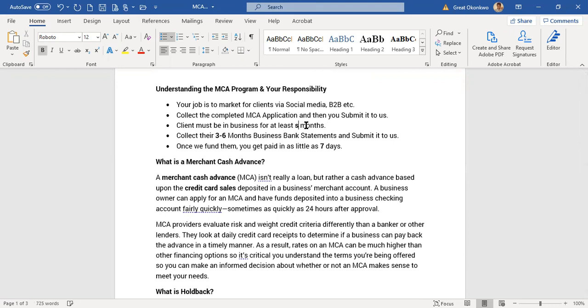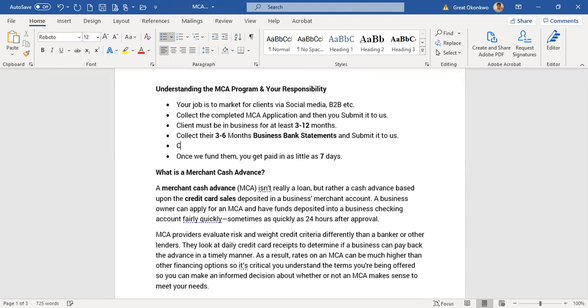They also need to send you business bank statements from their business bank accounts for 3 to 6 months, so we can check that the client brings in at least $25,000 in monthly revenue.